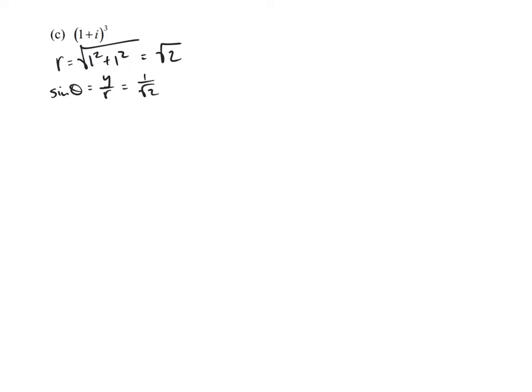And I know that the number 1 plus i is in quadrant 1 because it has a positive real and imaginary part. And so the angle in quadrant 1 that has a sine theta of 1 over square root of 2 is going to be 45 degrees. And so in polar form, this is going to be the number square root of 2, and then cosine of 45 degrees plus i times the sine of 45 degrees.